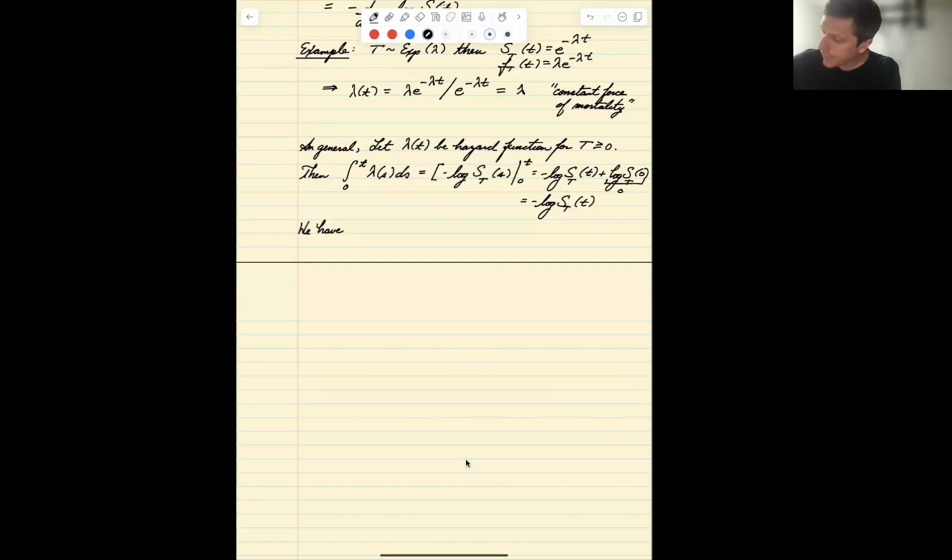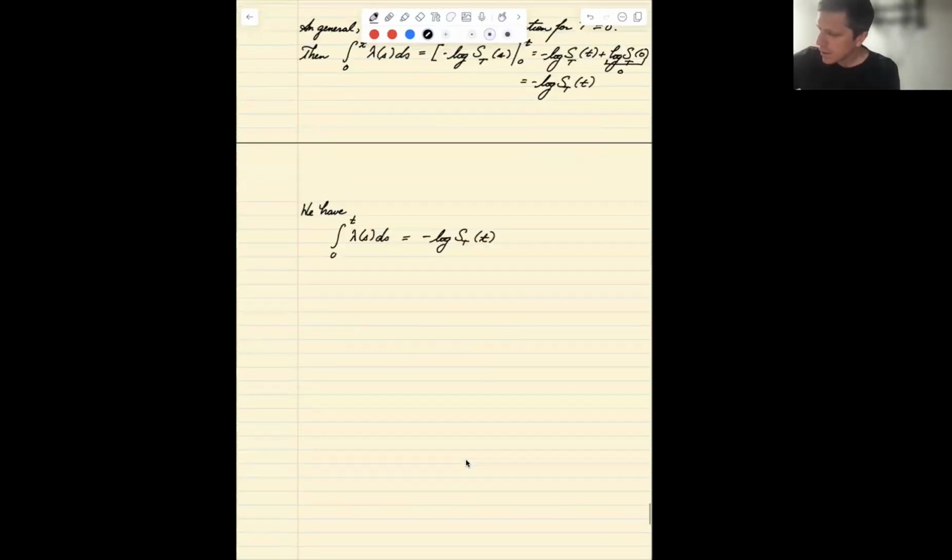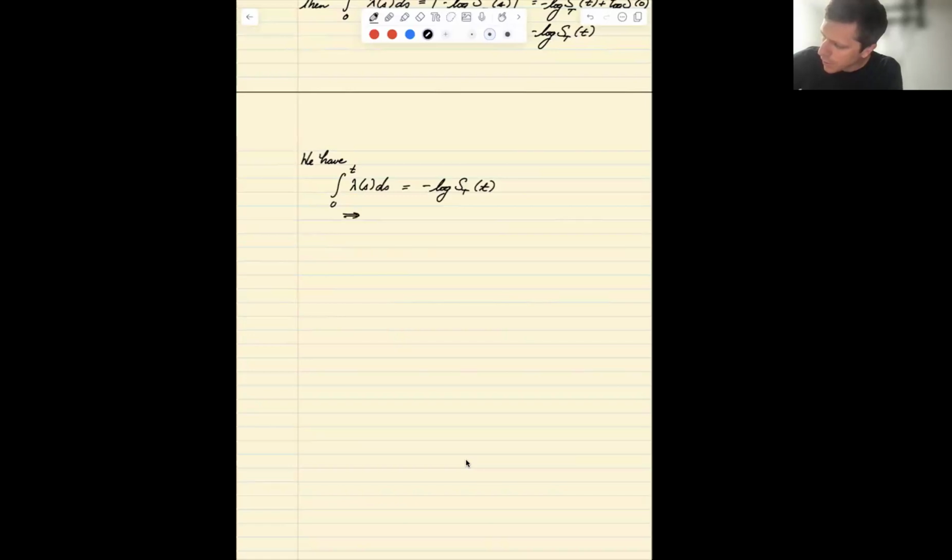So we have that the integral from 0 to t of lambda equals minus log of S of t, which we can invert to get an expression for the survival function as exponential of minus the integral from 0 to t of the hazard function.